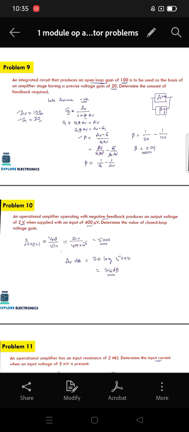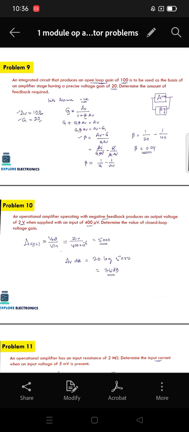An operational amplifier operating with negative feedback produces an output voltage of 2 volt. Output voltage means Vout equals 2 volt, when supplied with an input of 400 microvolt. Input means Vin equals 400 microvolt. Determine the value of closed loop voltage gain.